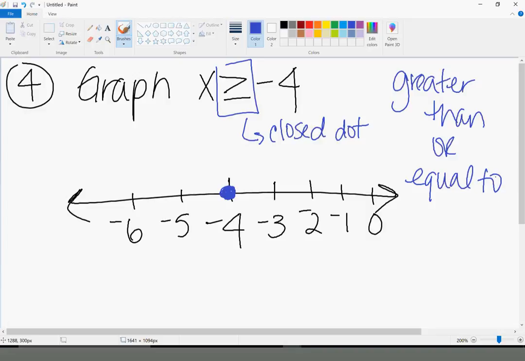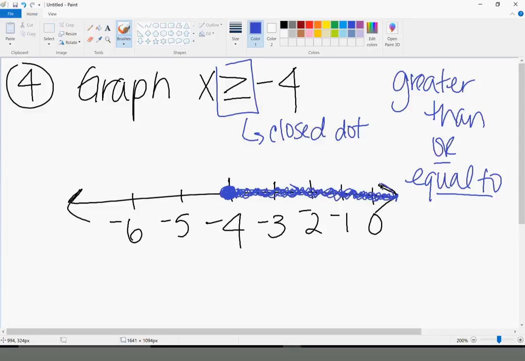So the or equal to part is why we use the closed dot. Now, where are the values greater than -4? Well, they are to the right. So we're going to shade all of the values to the right to represent the solution for this inequality. It could be any number to the right of -4. And it could also be -4 because it's greater than or equal to.